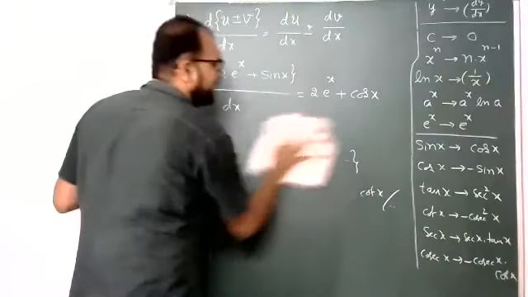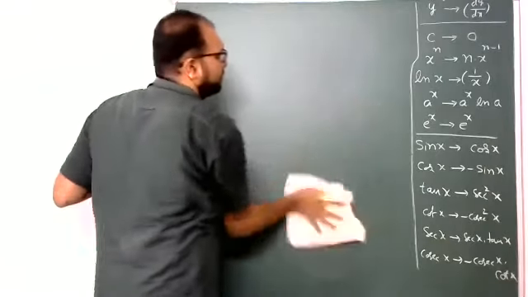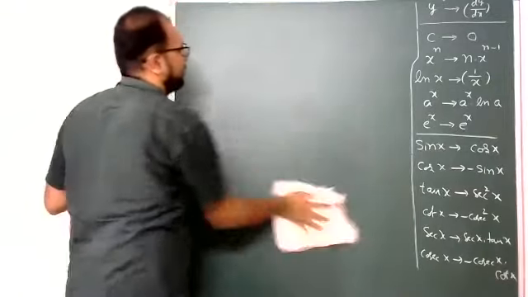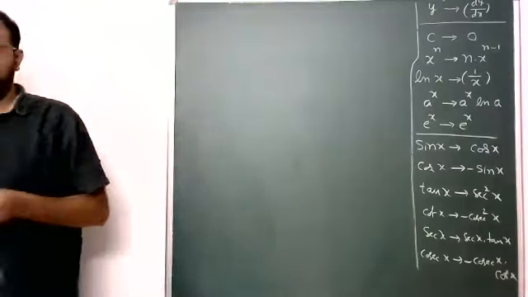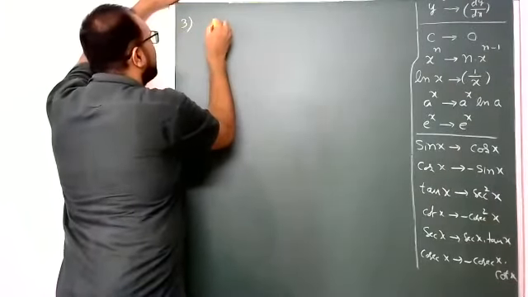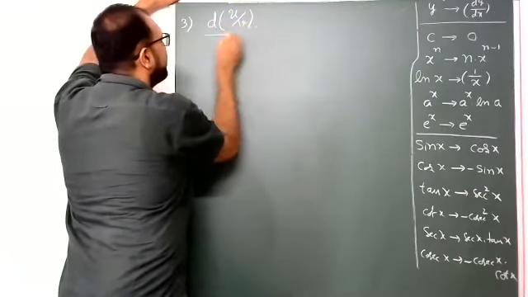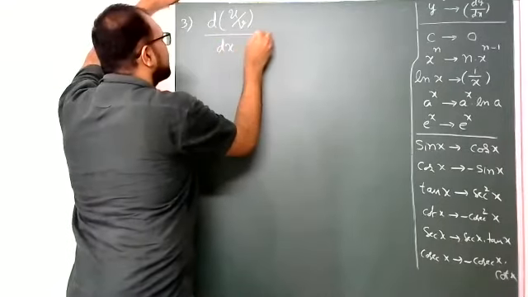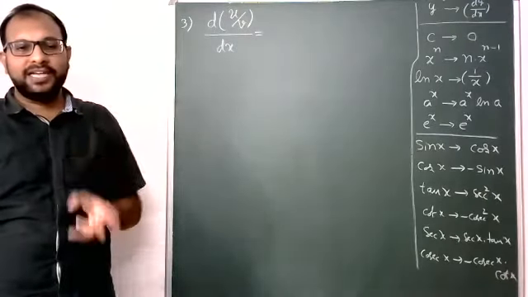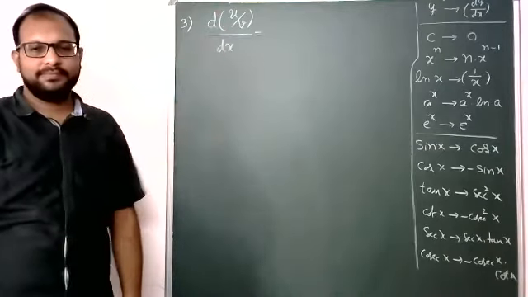Please all take down the second rule and examples. Now I am explaining rule number 3. The derivative of u divided by v with respect to x, where u and v are again functions of x.